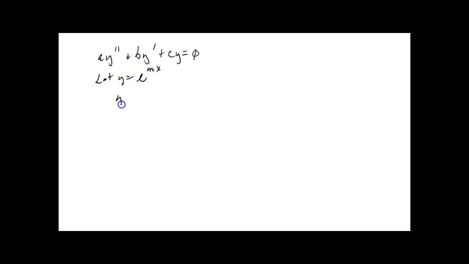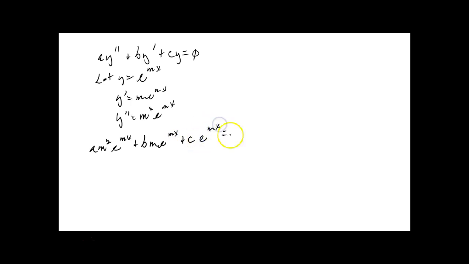Then y prime is equal to m e to the mx, and y double prime is equal to m squared e to the mx. Right? Plug them in. a times m squared e to the mx plus b times m e to the mx plus c e to the mx is equal to 0.